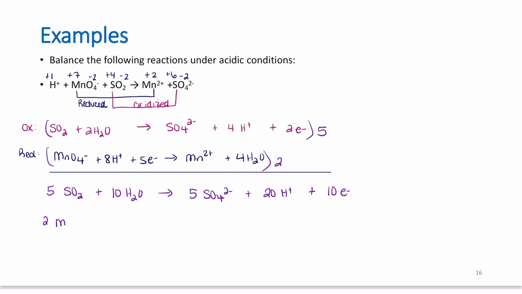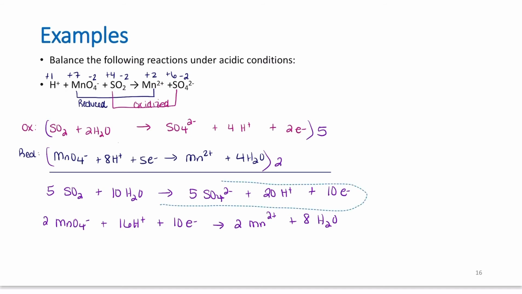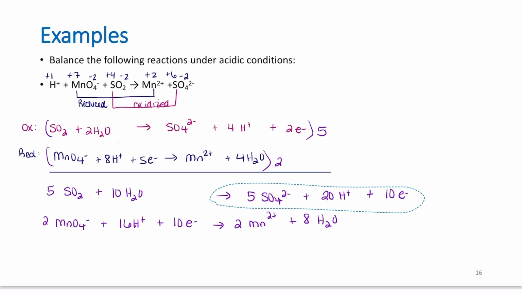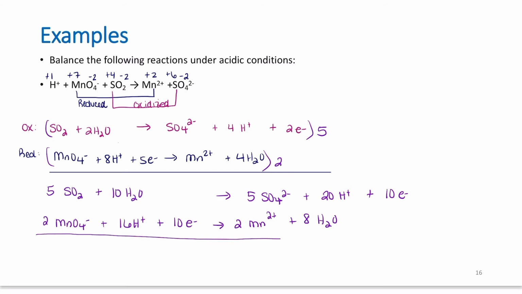So 2 MnO4- plus 16H+ plus 10 electrons, giving 2 Mn2+ and 8 H2O. I'll move this over slightly. What I find is students do best if they line up their arrows because then they can best see when things are truly canceling out.